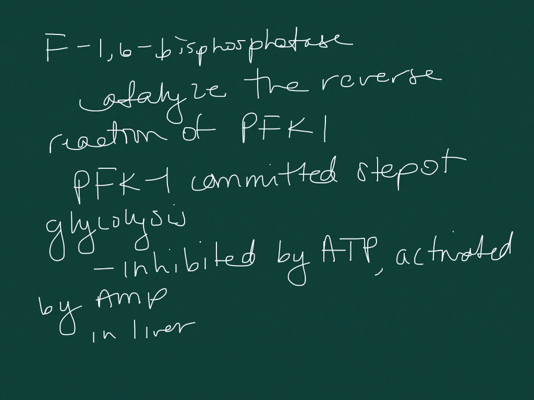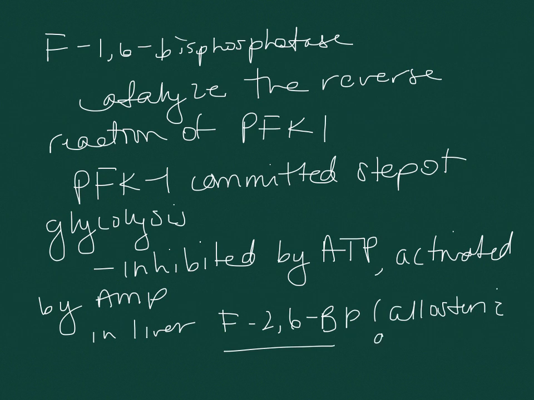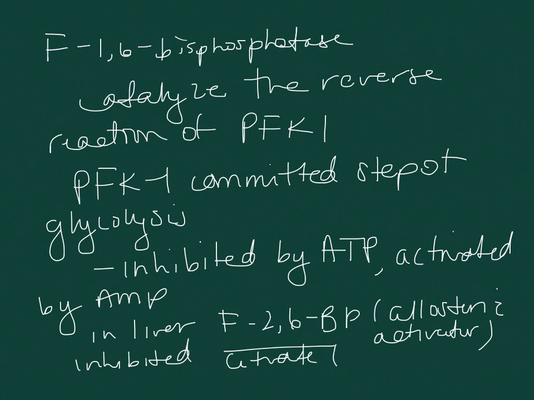PFK1 was activated by fructose 2,6-bisphosphate, which was an allosteric activator for PFK1. Okay. And it was inhibited by citrate, which is also an allosteric regulator.